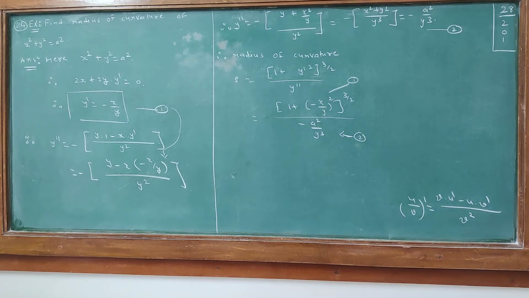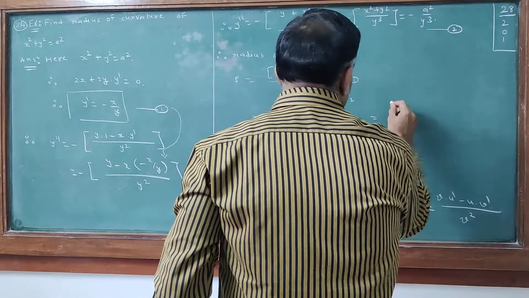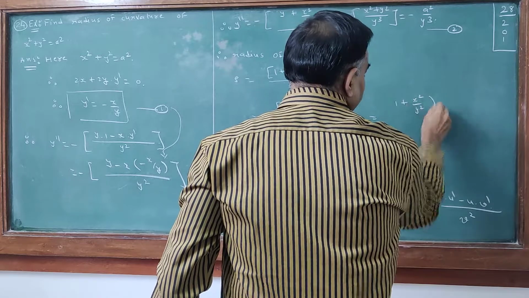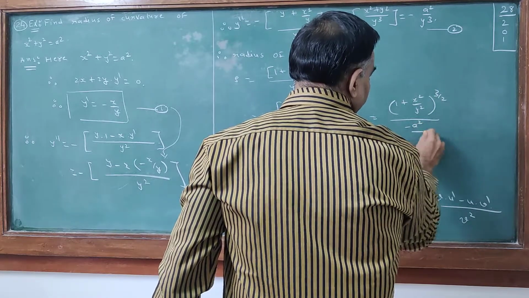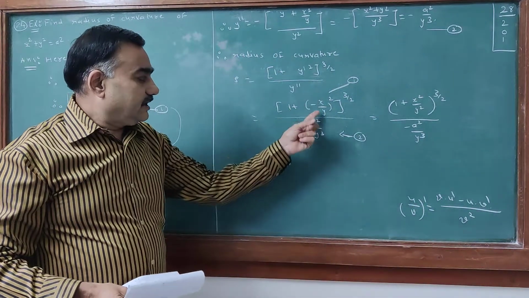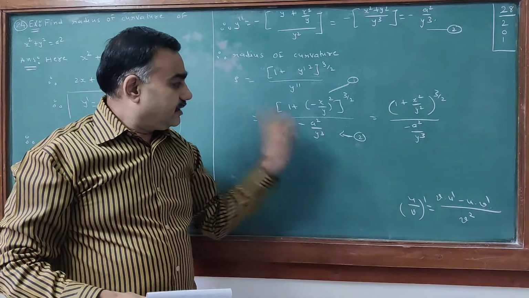Just simplify it. This is equal to 1 plus x square upon y square raised to 3 by 2 upon minus a square upon y cube.